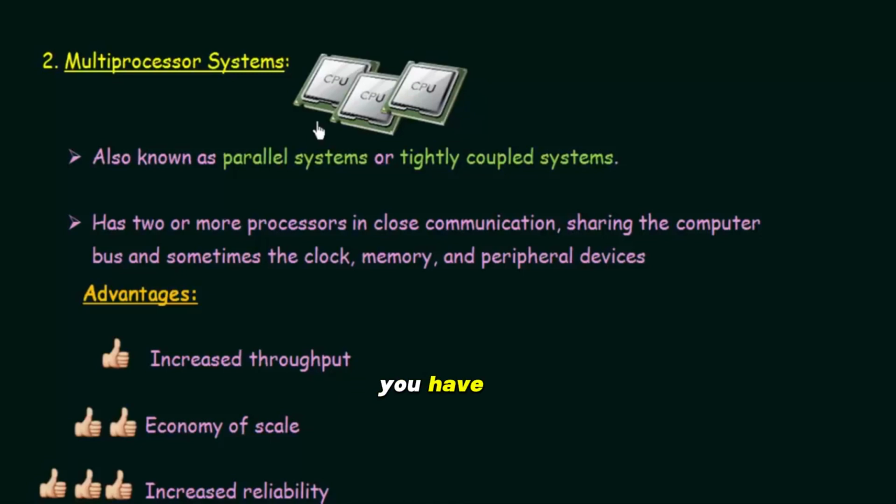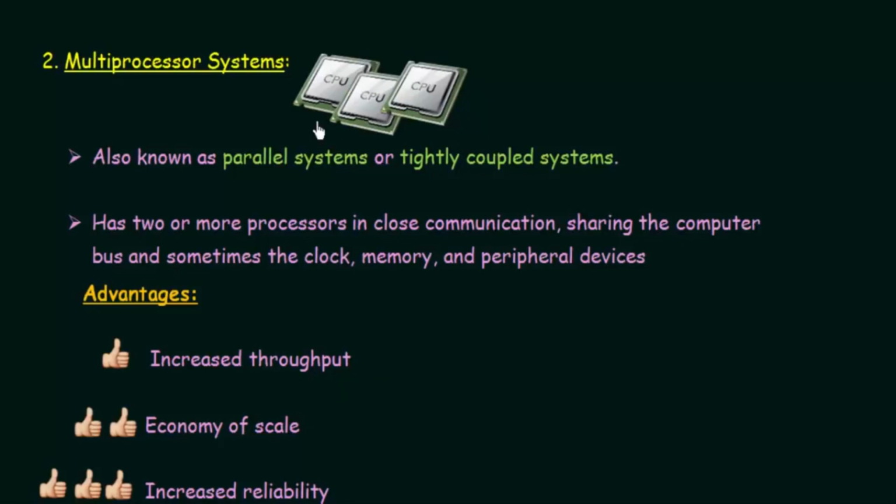Let's say that you have 10 processors in your multiprocessor system, and let's say that one of them fails. Even if one of them fails, the remaining 9 can share the work that was being done by the one that failed, and without giving you a complete failure, your system will still work, even though the performance may reduce a bit. But in case of a single processor system, if your single processor fails, that means it is a total failure.